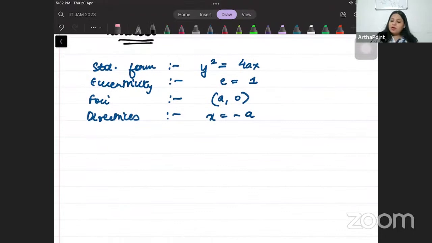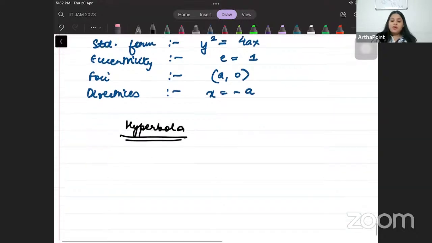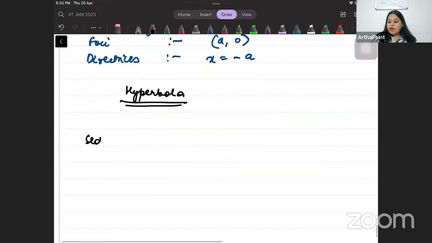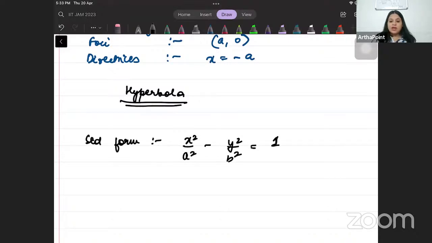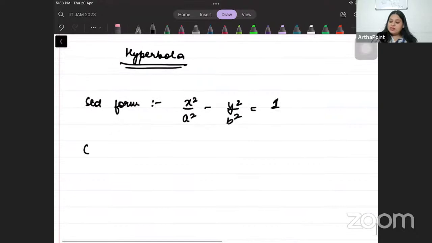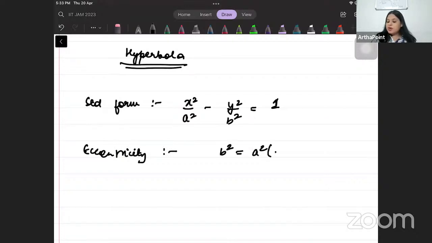Similarly, if I were to talk about the hyperbola, the standard form of the hyperbola is x square by a square minus y square by b square is equal to 1, right? And the eccentricity relation is b square is equal to a square, e square minus 1, right?